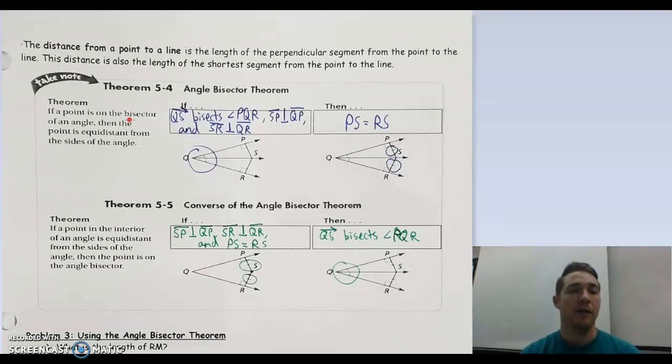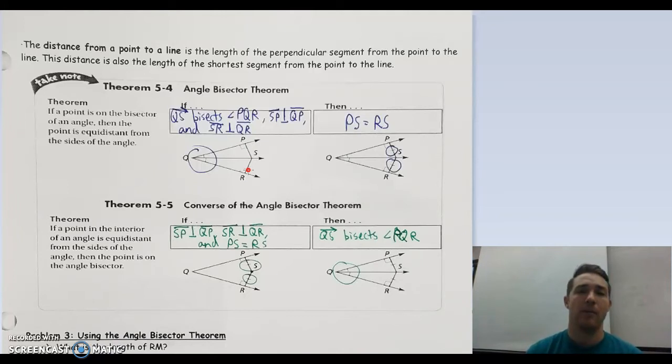If a point is on the bisector of an angle, what we know is that it's also equidistant from the two sides of that angle. So if I see this point right here, S, I know that it's on the angle bisector because I am told that QS bisects angle PQR. We start off by knowing that this angle is bisected. And also, if I'm taking that perpendicular distance, that should be the shortest distance.